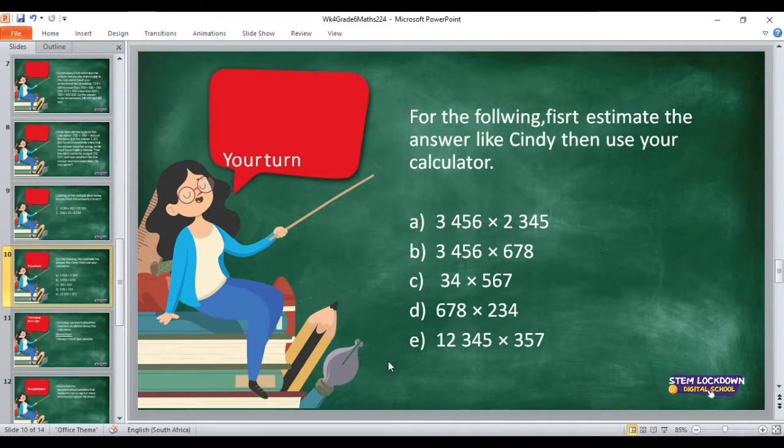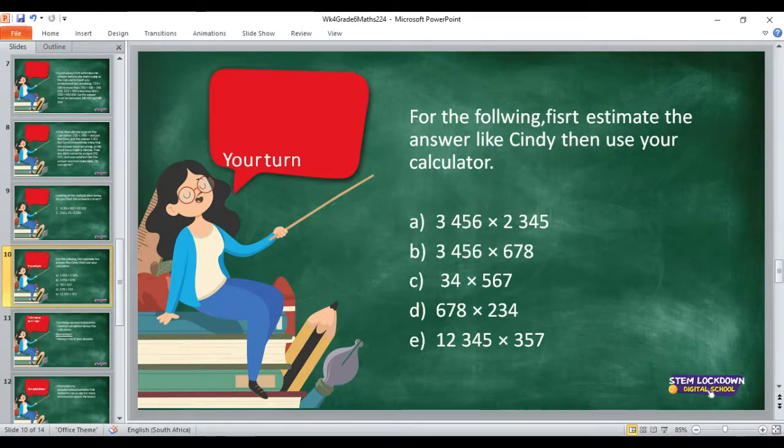All right, we can do A and B at the same time. First estimate your answers for A and B, and then write the correct one after you have pressed the right keys on your calculator. Because with this exercise, we want to see if we are able to use the calculator, and also our mental calculation, and also the written method to check if our answers are correct.